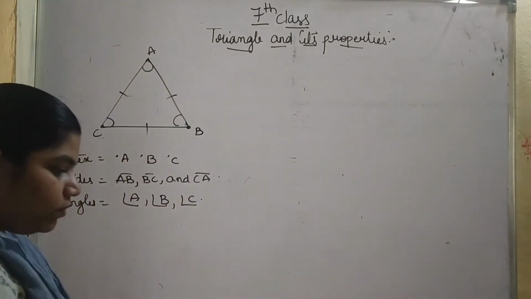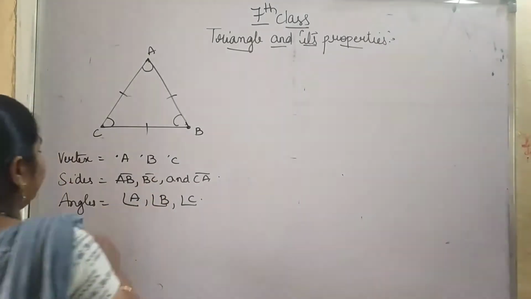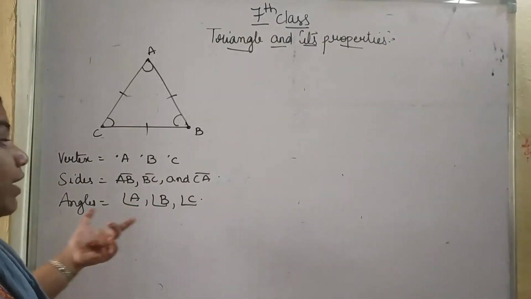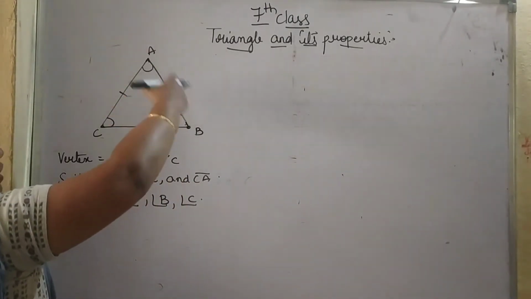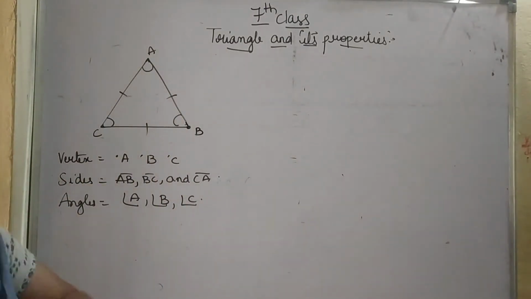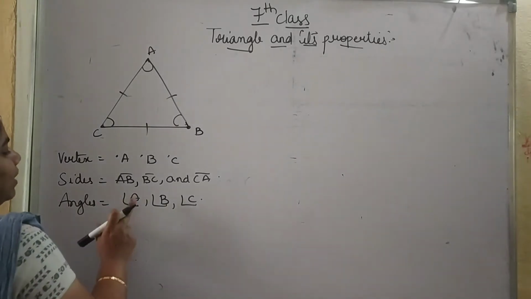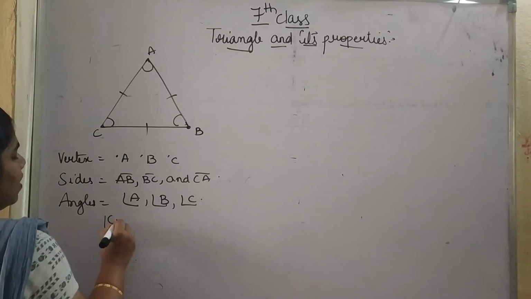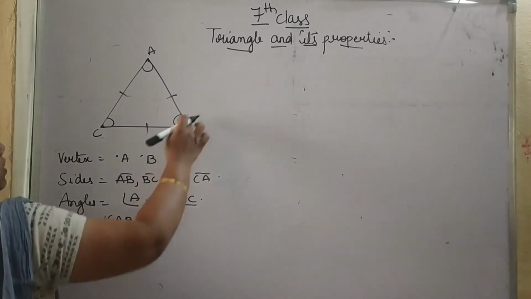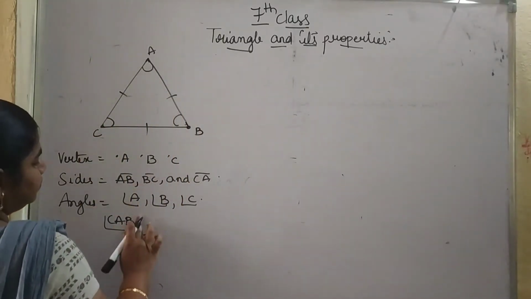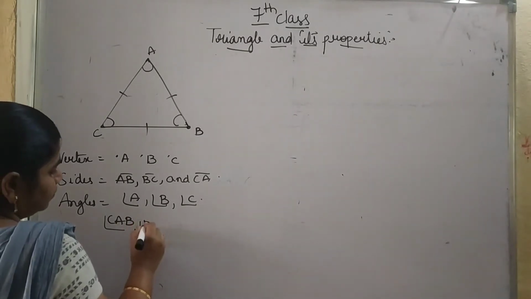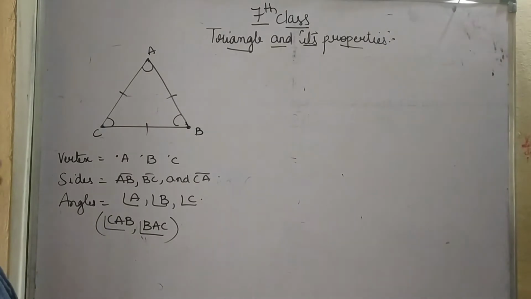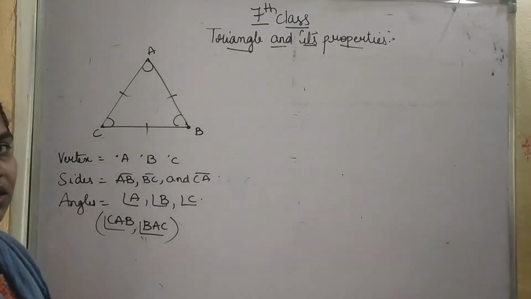Now, we already wrote the sides and also the angles here. Angles can also be written in the form of 3 alphabets. Angle A can be written as CAB or BAC. The middle alphabet always represents the angle.